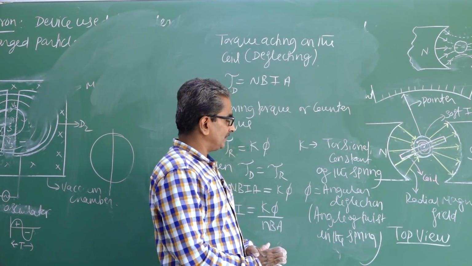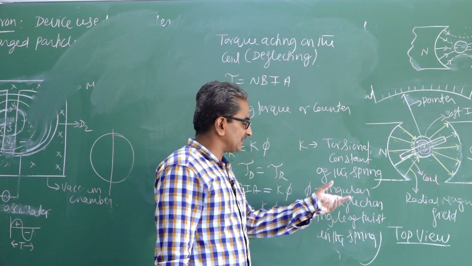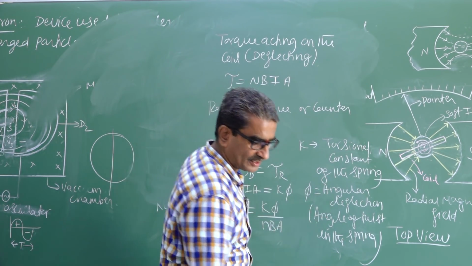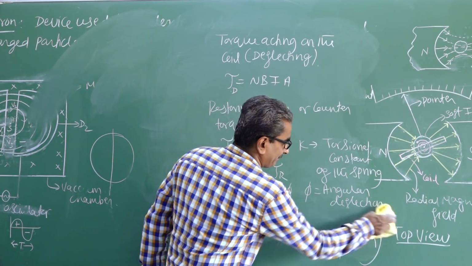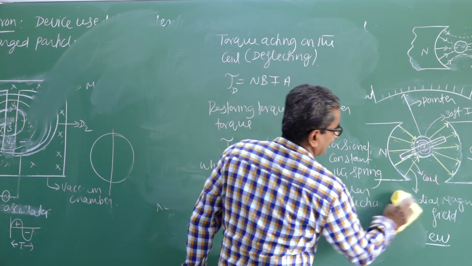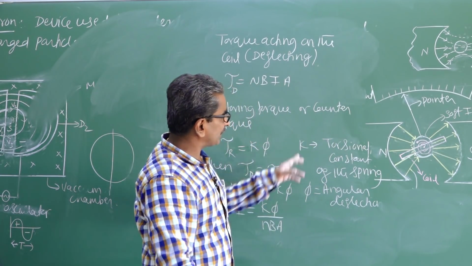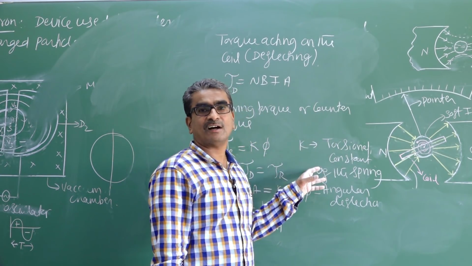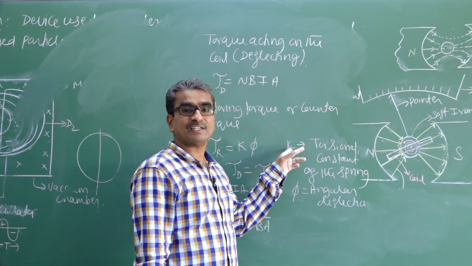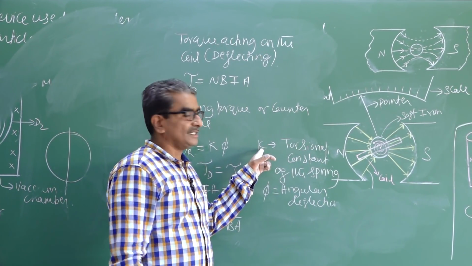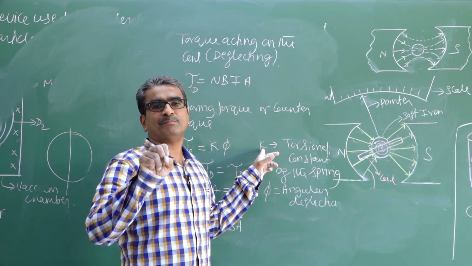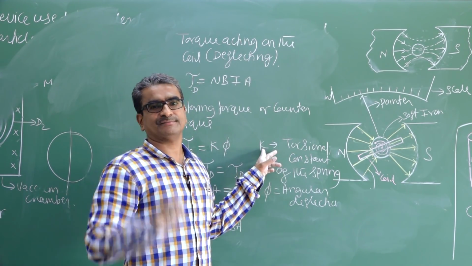I think it is better to consider this as angular deflection. Let us not get into confusion. So K is known as torsional constant, or it can also be considered as torque produced per unit twist.